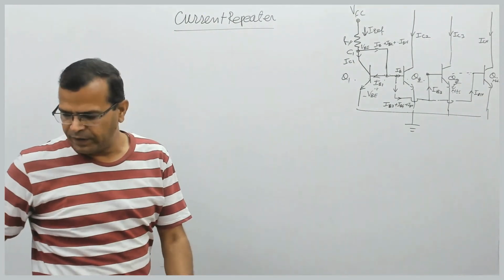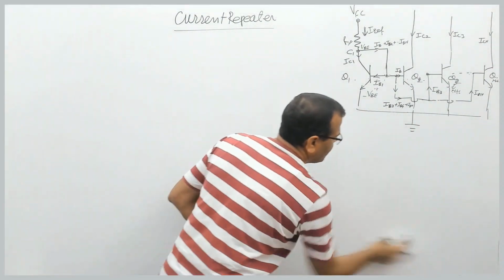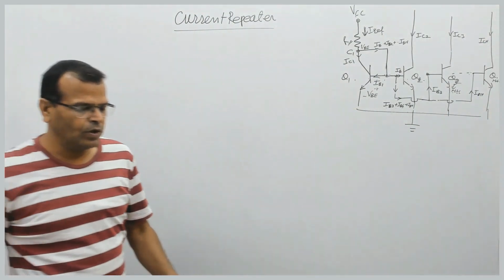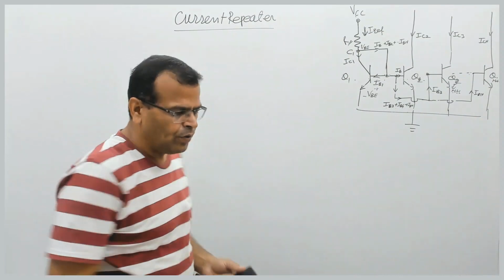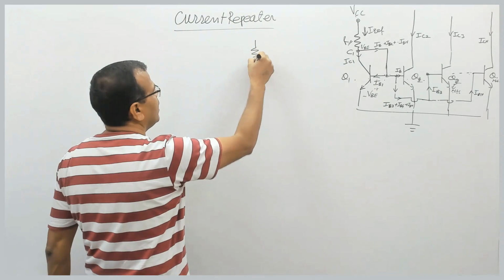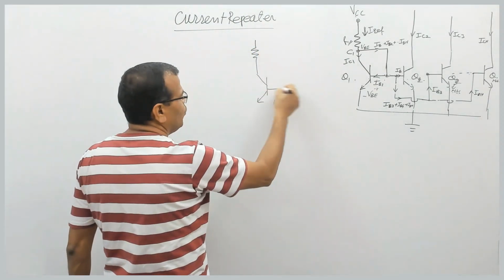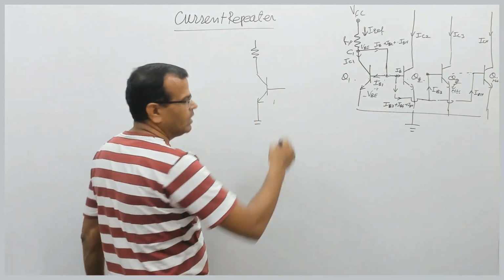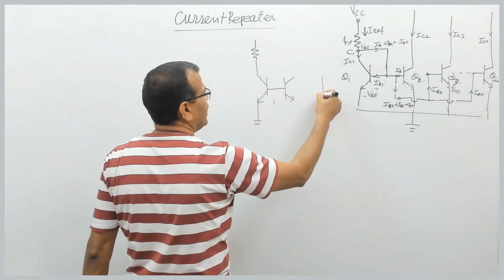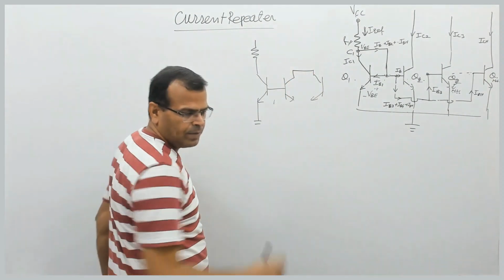Let us draw the circuit first. The circuit was, you were given the circuit like this. We had a resistance, a transistor like this, which was grounded. Then there was a transistor here. Then there was one transistor on this side. Both were kept common.